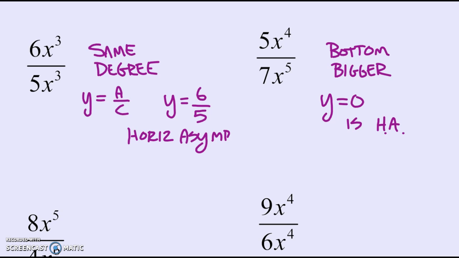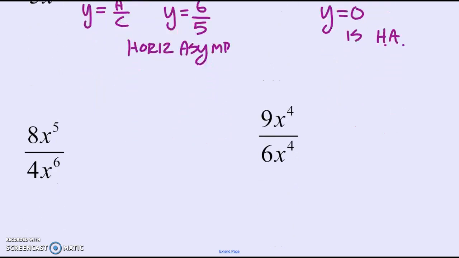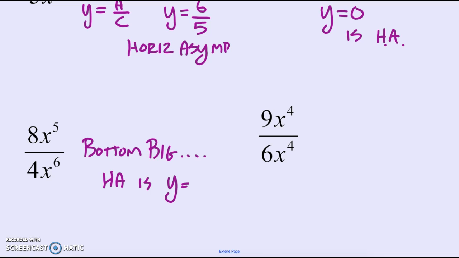You know what HA stands for, right? Horizontal. All right. Down here, same thing. Bottom bigger. HA is y equals 0.